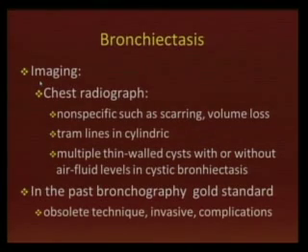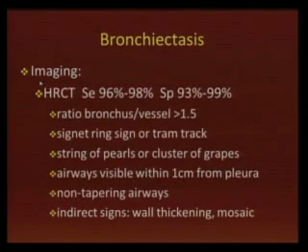Because there are sometimes chronic changes, there will be some scarring and loss of volume in the area where you see bronchiectasis. Today, to make the diagnosis of bronchiectasis, we use high-resolution CT, the method of choice to make the diagnosis of this finding.